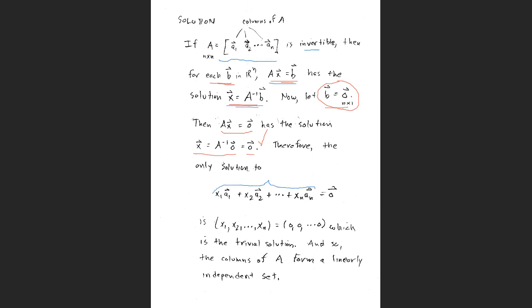You have a vector equation here, and on the left-hand side, you have a linear combination of the columns of the matrix A. But what does the left-hand side equal?